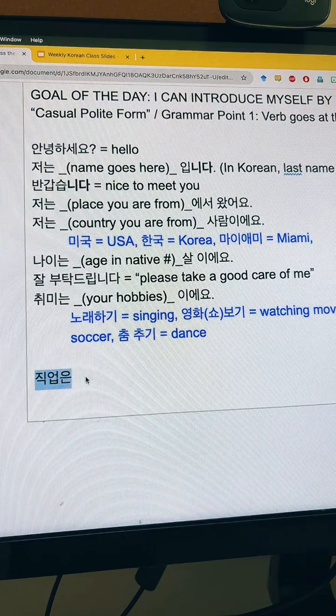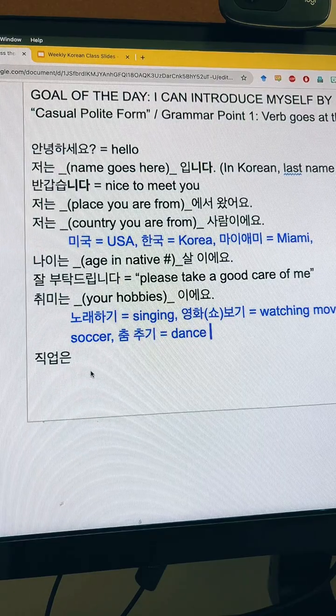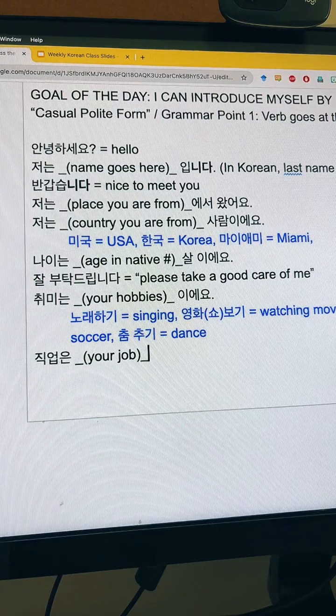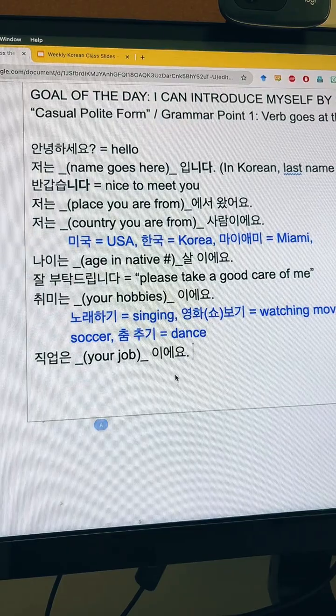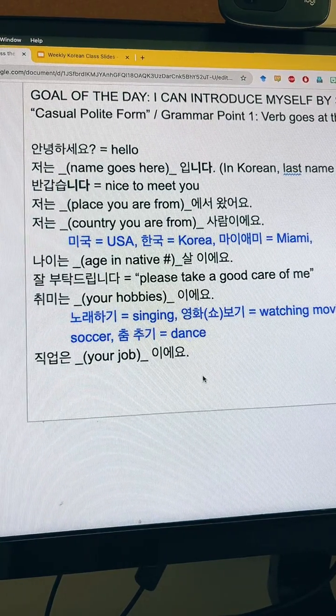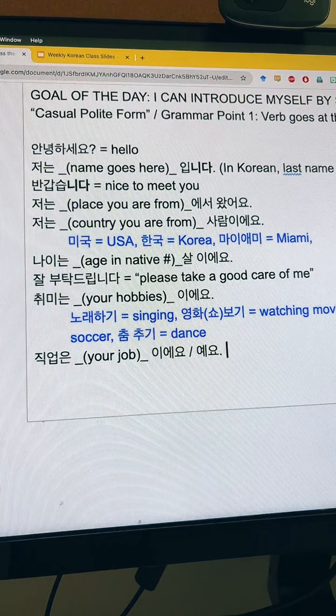직업은. 직업 means occupation. So you can share what you do for a living by saying 직업은, and then you can say your 직업은이에요. Okay. And again, if you are really following this well, I do want to bring up the aspect about 이에요 versus 예요.